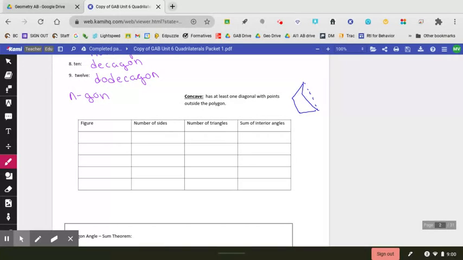When we're forming our triangles, if we stick with our pentagon, we pick a vertex and draw as many diagonals as we can. So in our pentagon, I can draw two diagonals, which forms three triangles. So pentagon, five sides, three triangles. I want you to do that for several, so pause and do that for several.